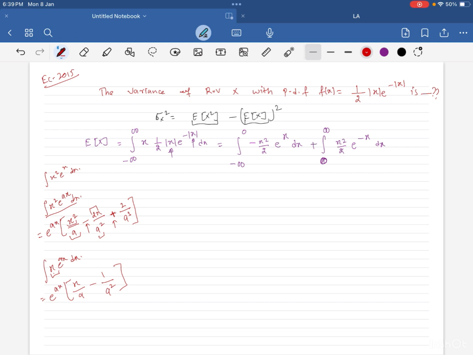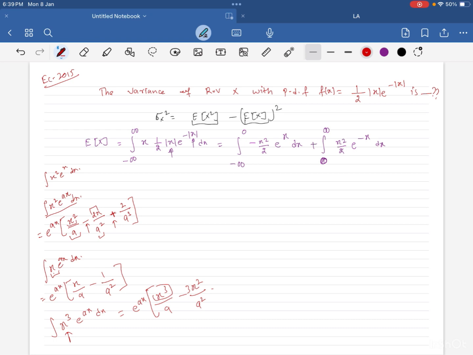Now if I ask you what would be the integration of x cube e to the power ax dx, this is going to be e to the power ax. Now write this x cube here, divided by a. Now differentiate this upper thing, that is going to be 3x square, and here a square.